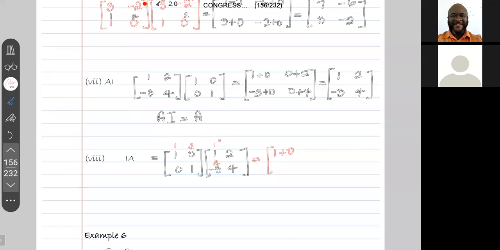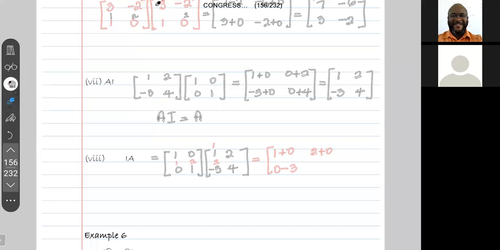Now, same top row, but this time by the right column. 1 times 2 is 2. 0 times 4 is still 0. So let's go now to the bottom row, left column. 0 times 1 is 0. 1 times -3 is -3.